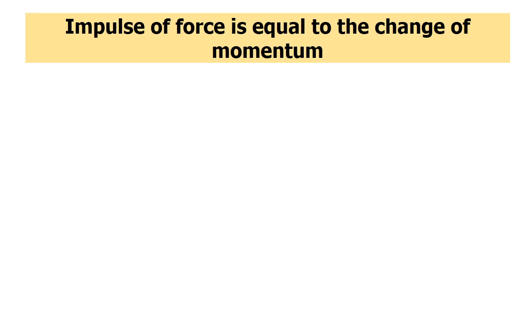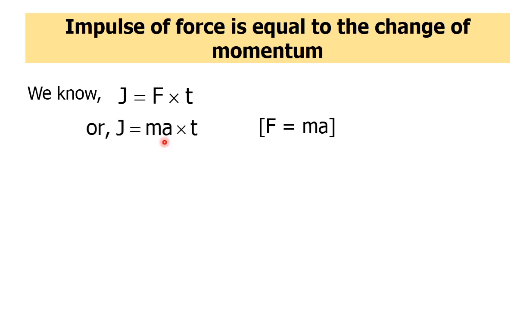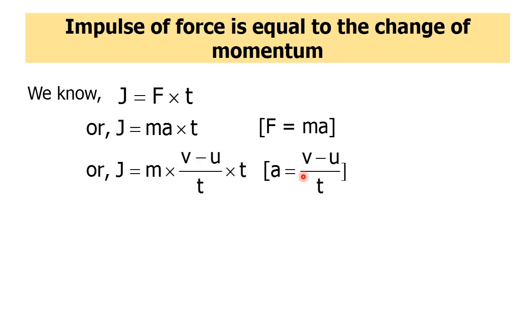Impulse of force is equal to the change of momentum. As we know, impulse of force J equals F cross t. We also know that force F equals ma. Here a means acceleration. As you know, acceleration is the rate of change of velocity, so a equals v minus u by t.